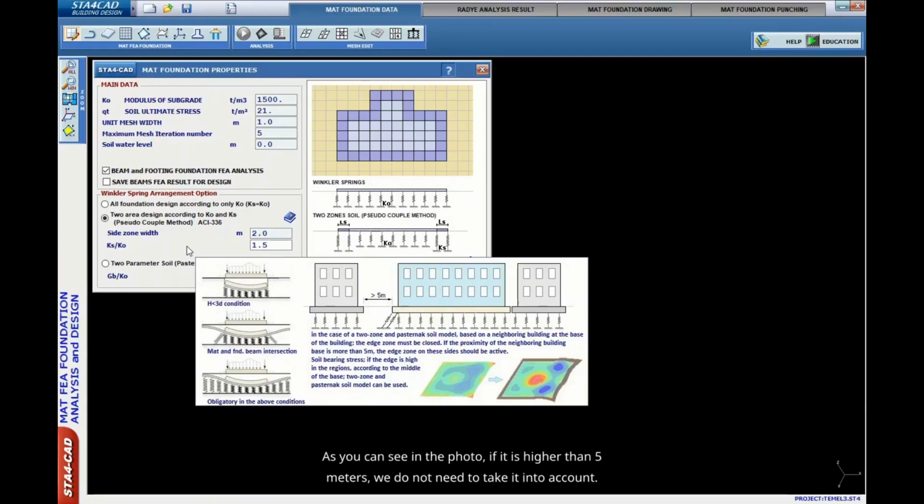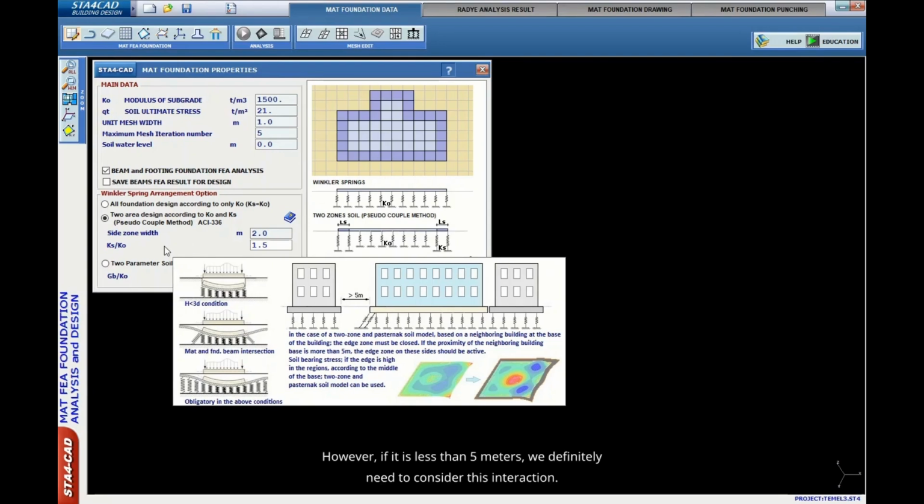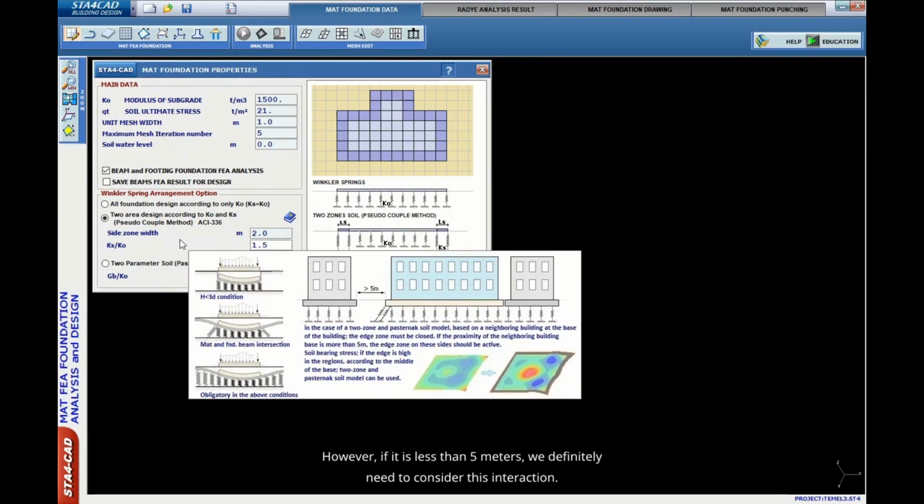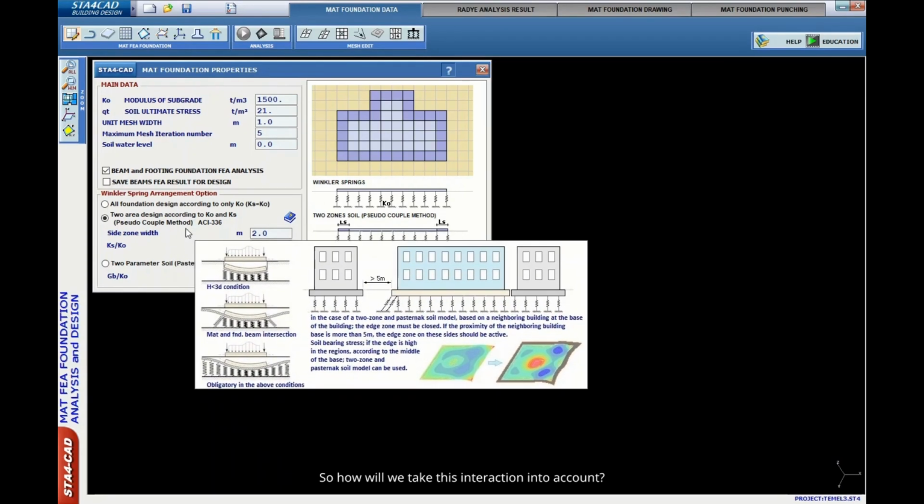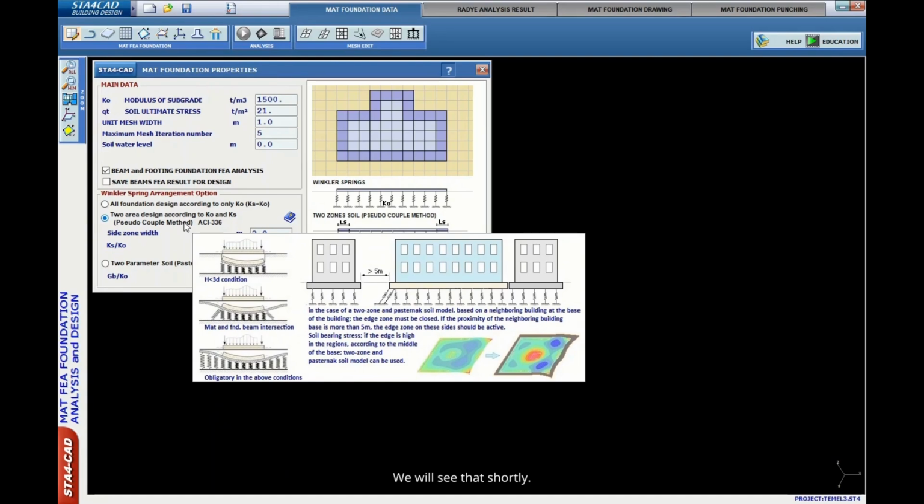As you can see in the photo, if it is higher than 5 meters, you do not need to take it into account. However, if it is less than 5 meters, we definitely need to consider this interaction. So how will we take this interaction into account? You will see that shortly.